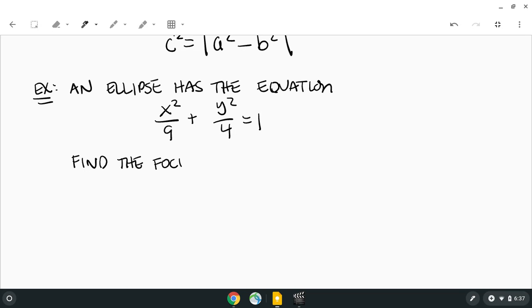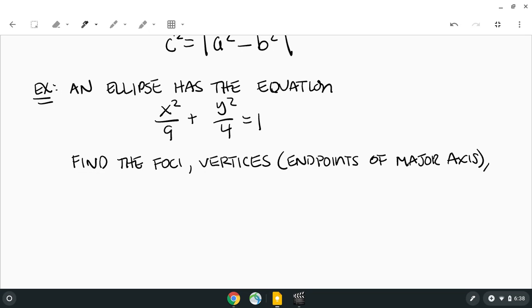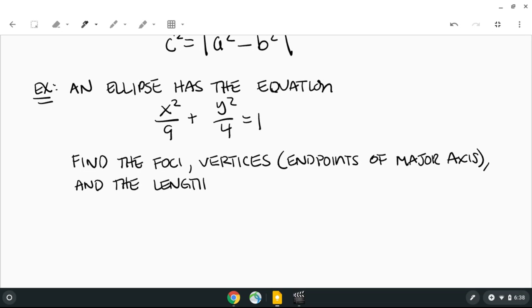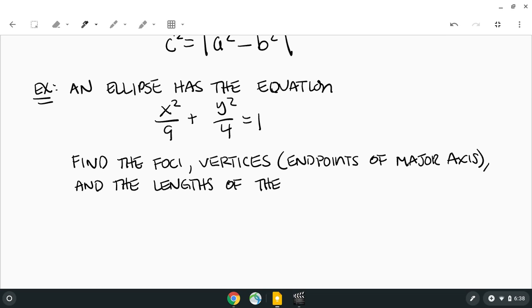Find the vertices, which are just the endpoints of the major axis. Find the lengths of the major and minor axes. And then sketch the graph.